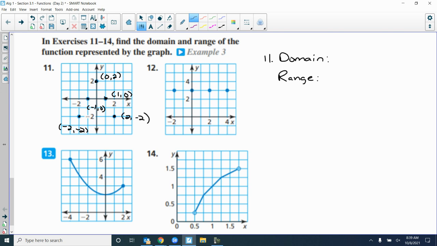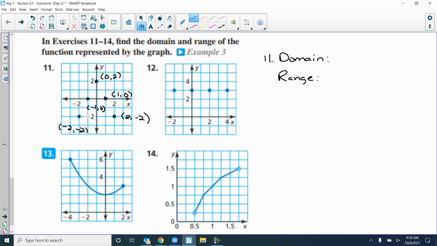All right, Jeff, how do we figure out what the domain is? Any ideas? Okay. The domain, which coordinate is it? Is it the first or the second coordinate? The first one. Well, what's the first coordinate of this point? What's the first one here? -1.